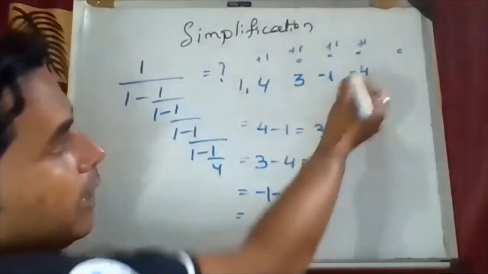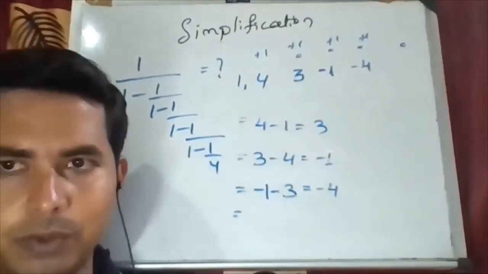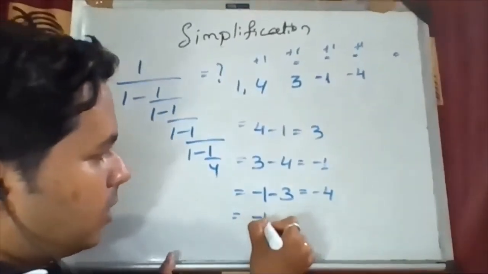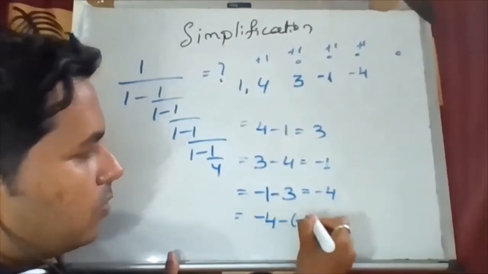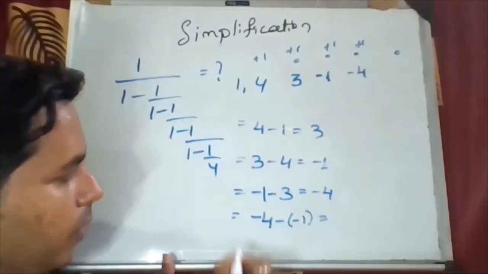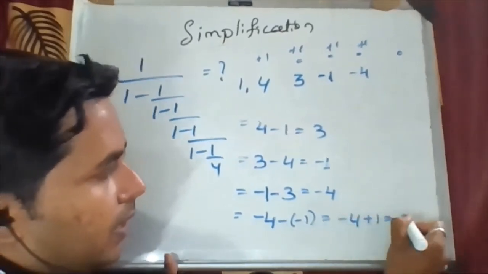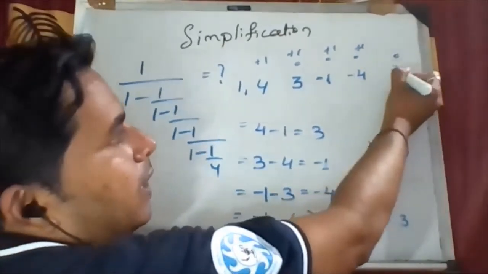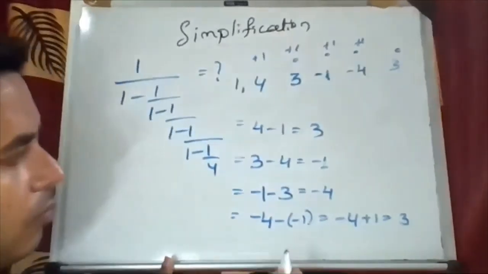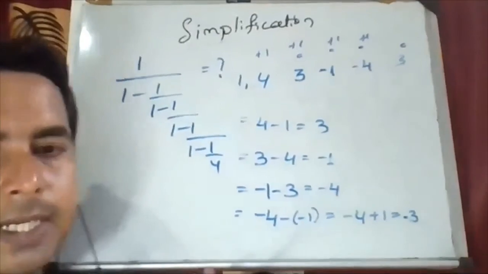Then what you have to do next? Minus 4 minus of minus 1 you have to do. So here minus of minus is plus only. Okay, so what you'll get here? Minus 4 plus 1, you'll get answer as 3. Minus 3 you'll get, because highest digit contains a minus.